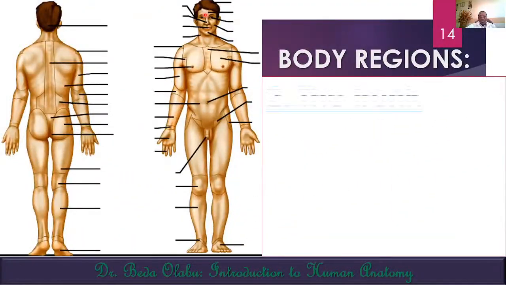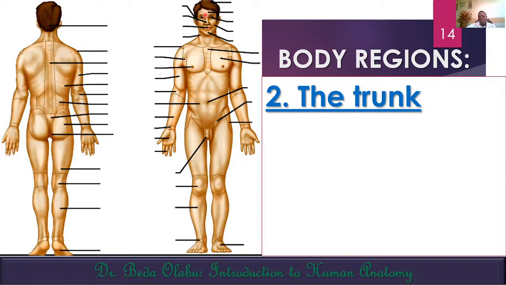Then we have what we call the trunk or the torso. Torso is T-O-R-S-O. The trunk is this region from where I'm pointing right now up to there. So the whole of this is the trunk.